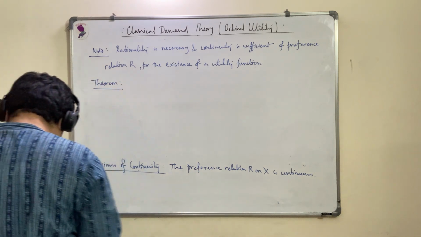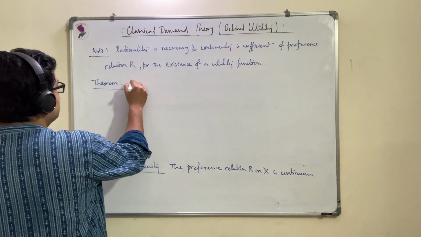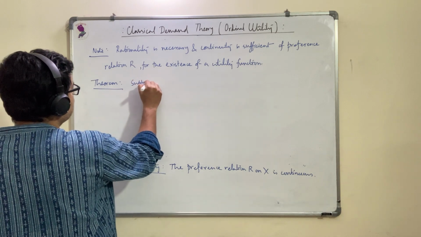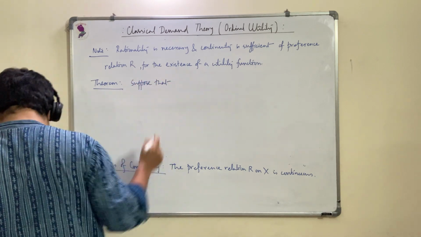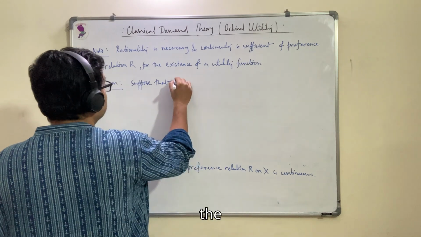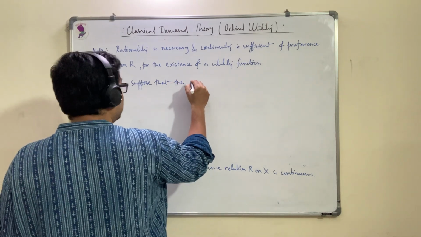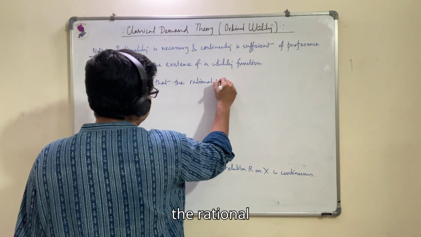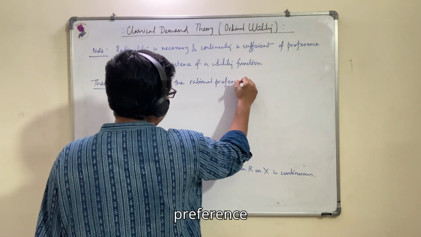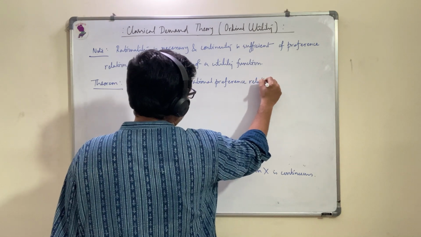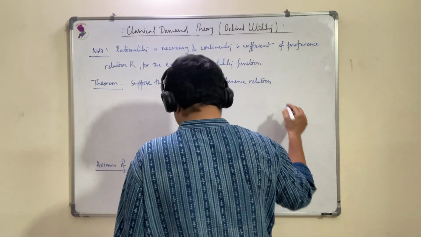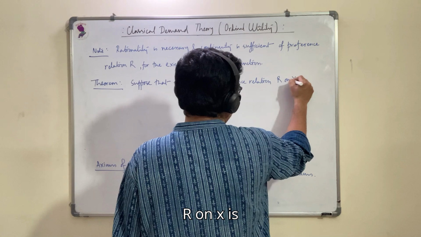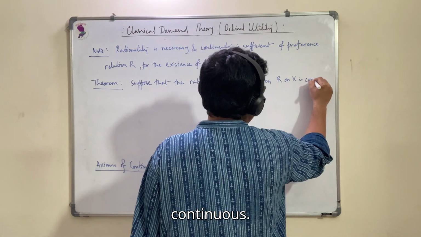Theorem. Suppose that the rational preference relation R on X is continuous.